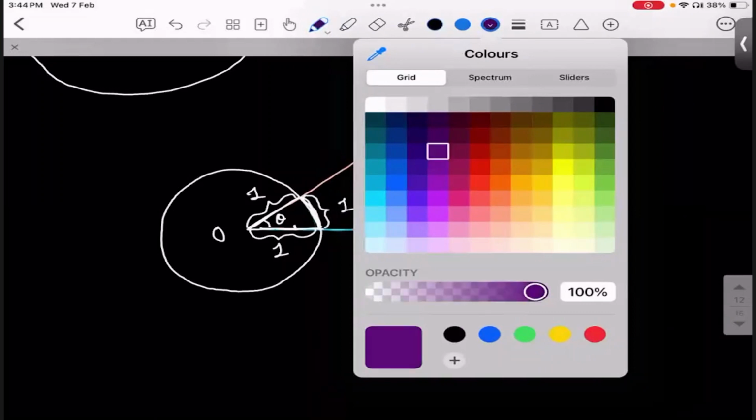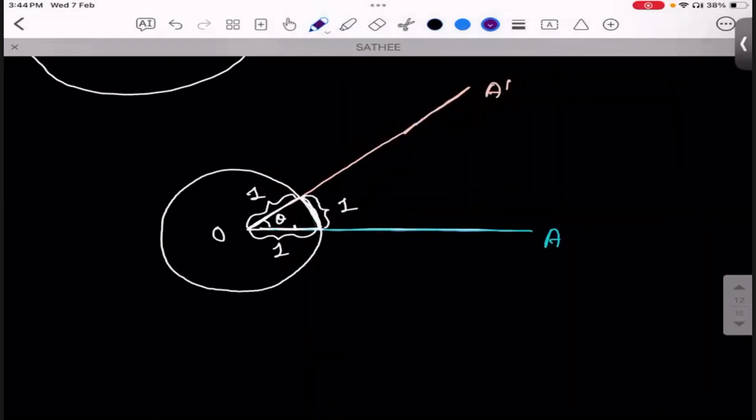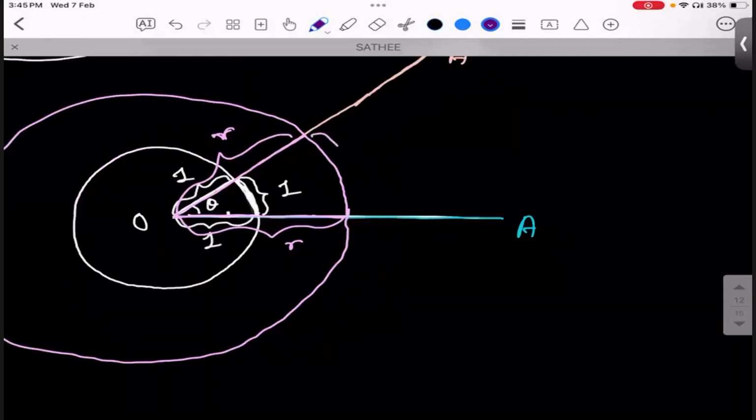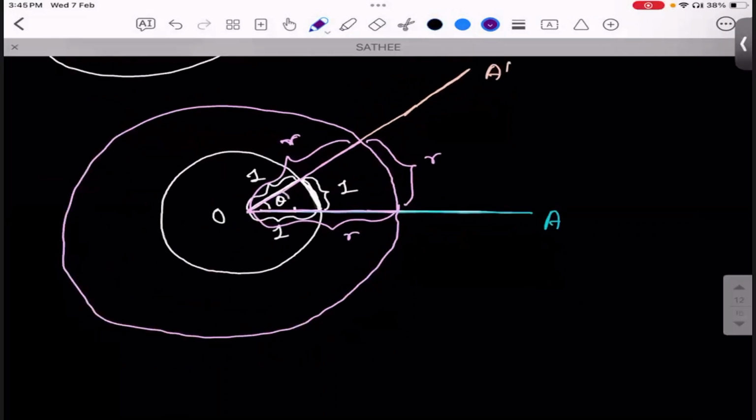So let us draw a circle of radius r. The radius should be this. This is the initial state, and the distance is r. This is our terminal state, and this distance is also r. Now if this arc length is r, then the angle made will be 1 radian.